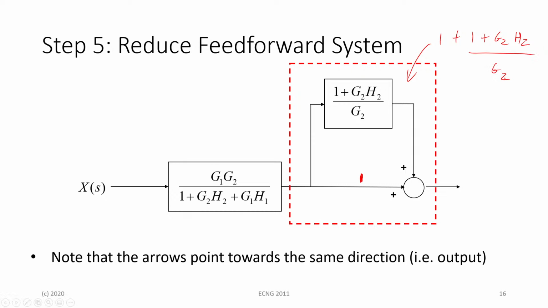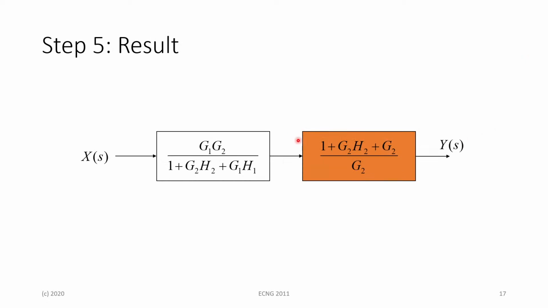And if we unify the denominator, it comes like this: G2 plus 1 plus G2 H2, all divided by G2. So this equation, because of the feed forward system, reduces to this transfer function that we just obtained, which is represented by this orange shaded block.